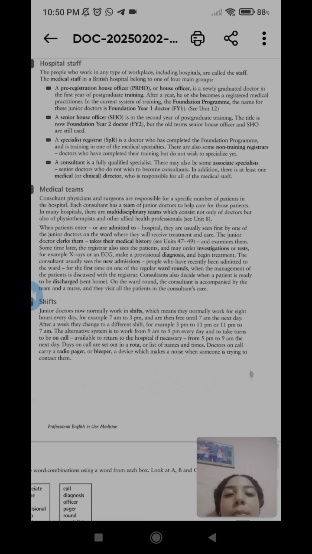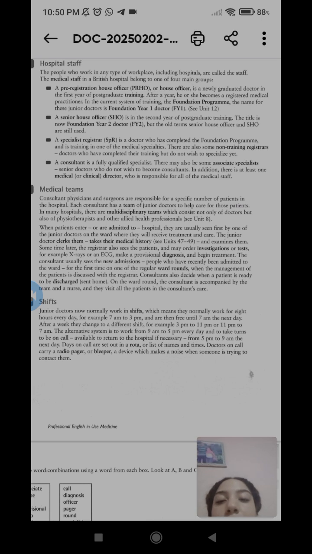In the current system of training, the Foundation Programme, the name for this junior doctor is Foundation Year 1, FY1. A senior house officer (SHO) is in the second year of postgraduate training. This title is now called Foundation Year 2 doctor, or FY2, but the old term senior house officer and SHO are still used.